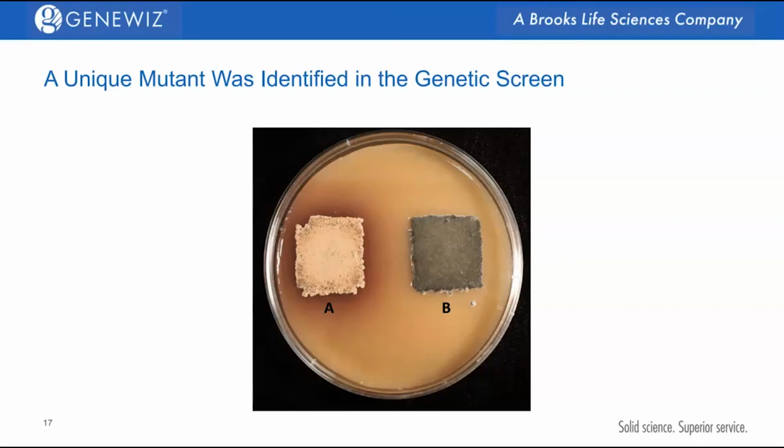On B, you can see the wild type, SCOH, on V8 medium, and A is white, and also in dark, it seems to be producing this really bright red pigmentation on V8. Initially, during our screen, we didn't know what it was. It was just fascinating to see a completely different strain, which looked morphologically different from the wild type isolate.